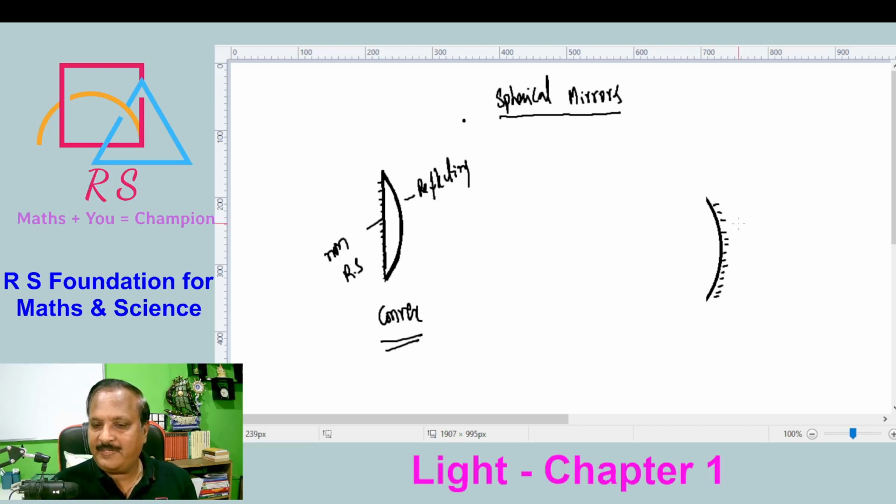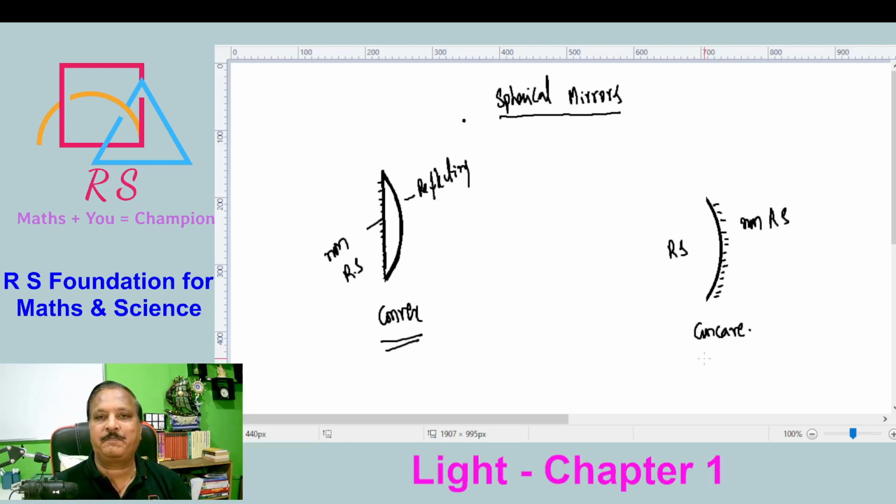So this is the non-reflecting surface and this is the reflecting surface. It goes inside, the reflecting surface goes inside. This we call a concave mirror. Convex mirror, concave mirror.